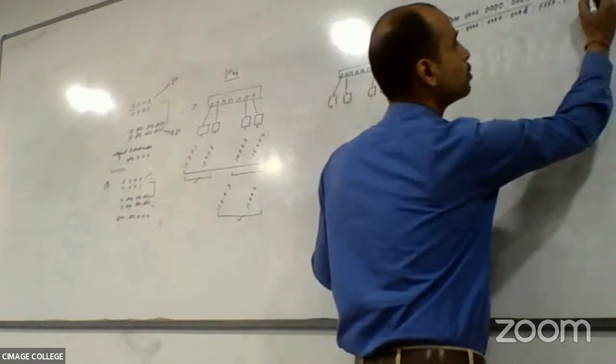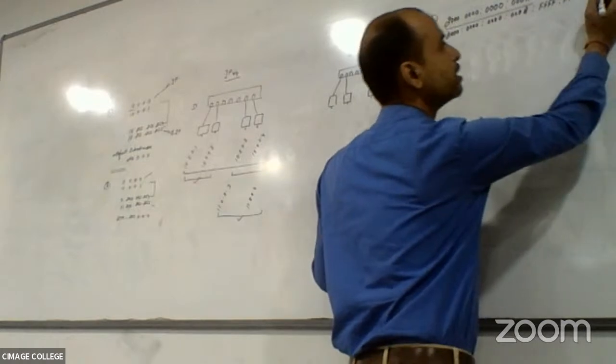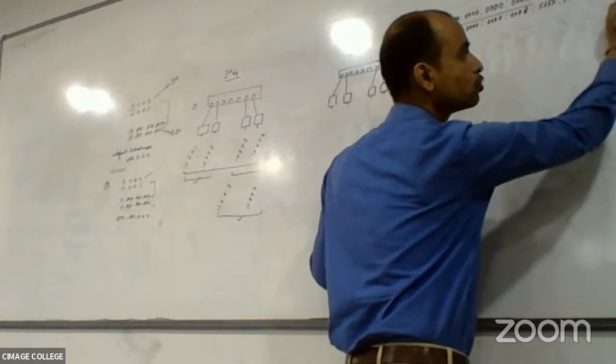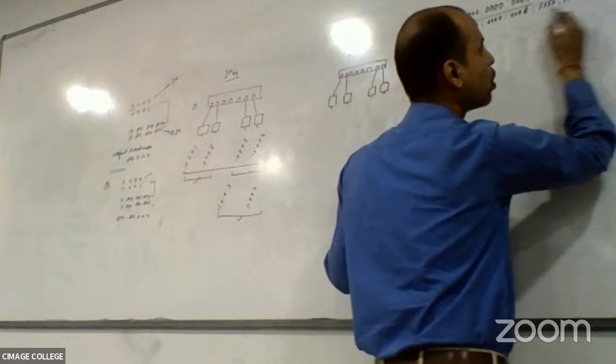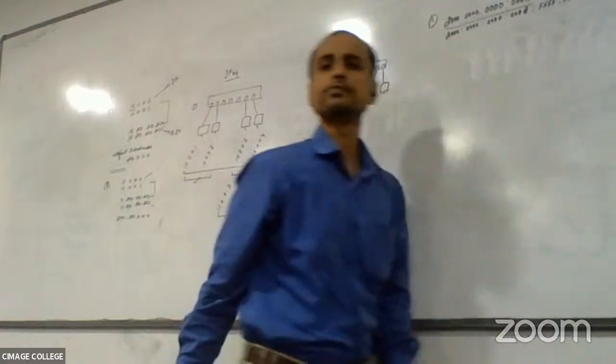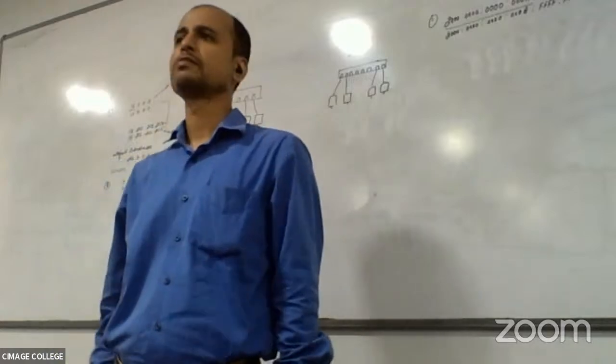Then it becomes 0001, and then again all 0 to all F. Then the final value will be all F.